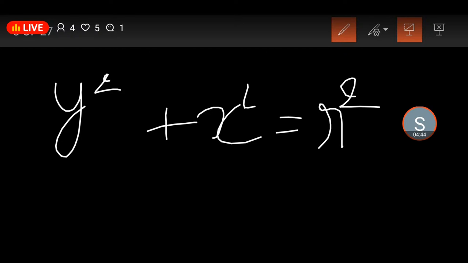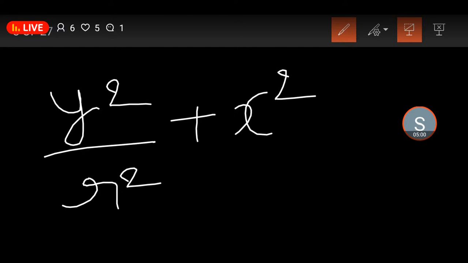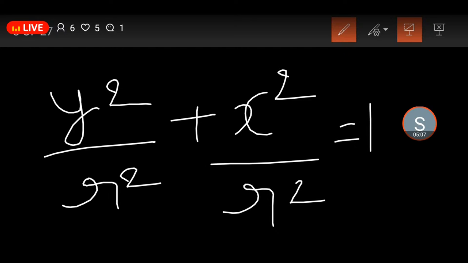Now divide the entire equation by r square. So what you'll get: y square by r square plus x square by r square is equals to 1.